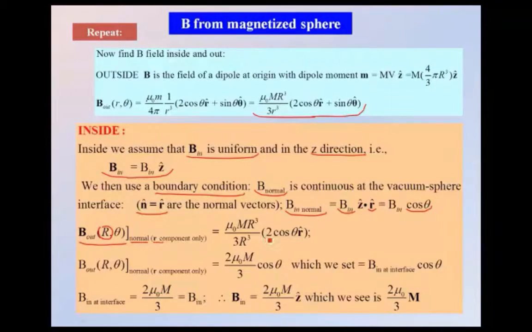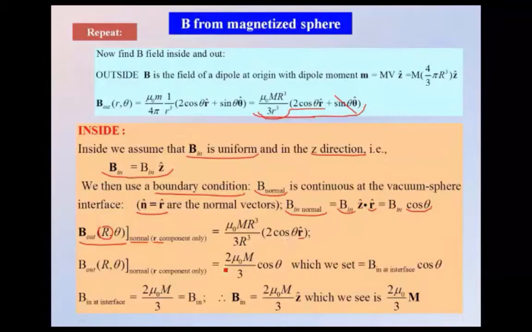So if we write down the first term at capital R, so here's where we set little r equal to capital R, and then this is times 2 cosine theta r hat. And so up here, this is what we've got so far, and we throw this term away because it's tangential. So we're only left with this expression here.